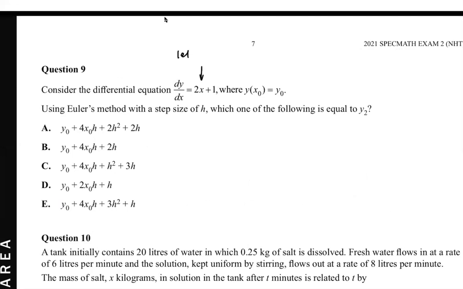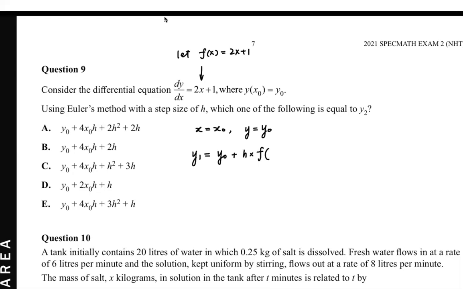So let's say f of x equals dy/dx, which is 2x plus 1. When x equals x0, y equals y0. So y1 will be y0 plus the increment, which is step size h, times dy/dx at the previous point.